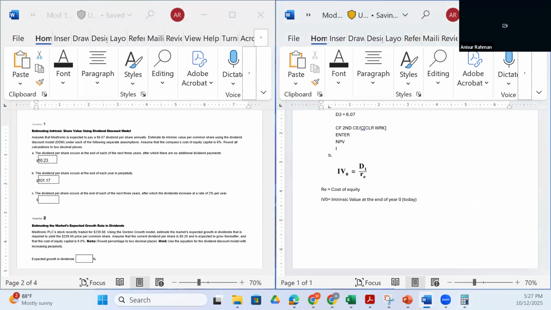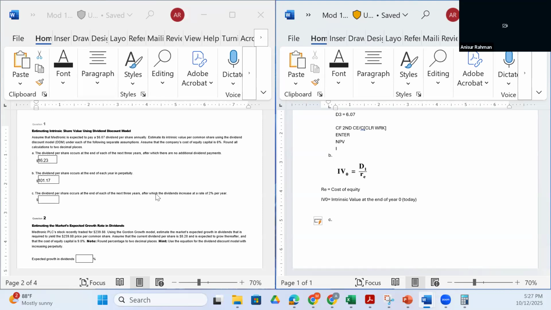So now part C is asking: the dividend per share occurs at the end of each of the next 3 years, after which the dividends increase at a rate of 2% per year.